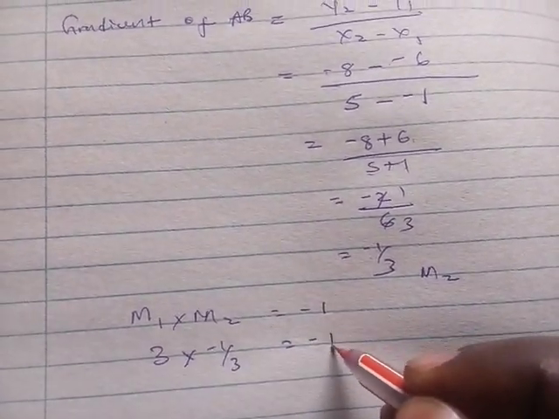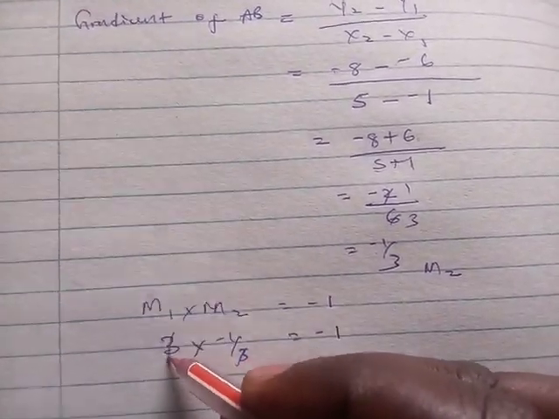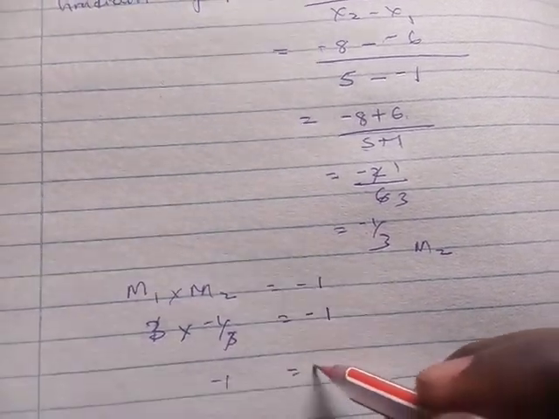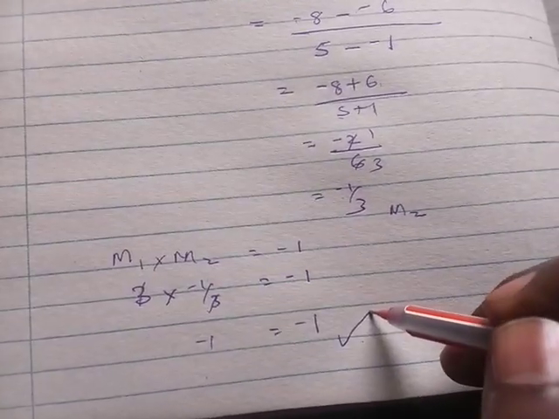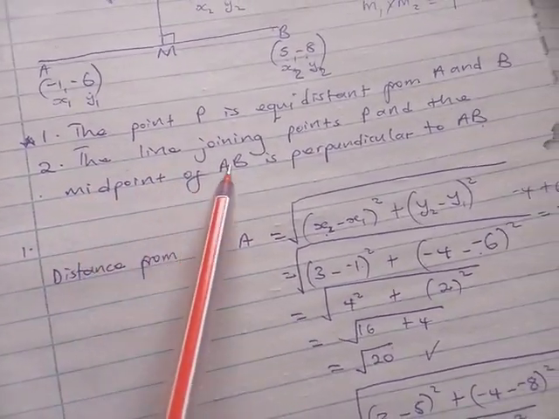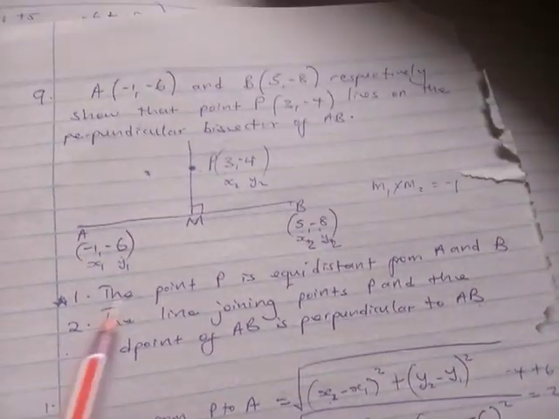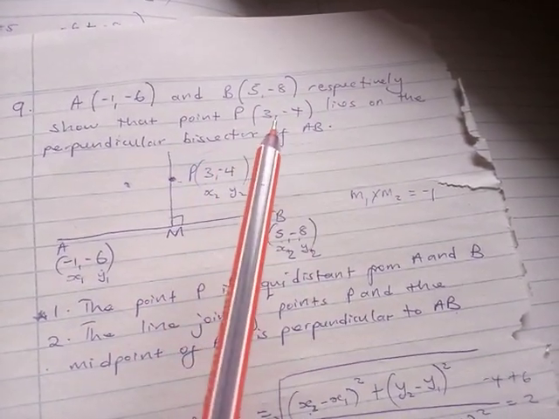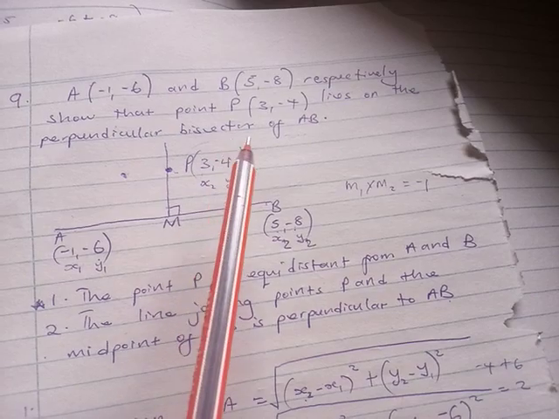So it should give us negative 1. So I remain with negative 1, equal to negative 1. So it satisfies the condition. Since it satisfies condition number 2 here, it means the point P lies on the perpendicular bisector of AB.